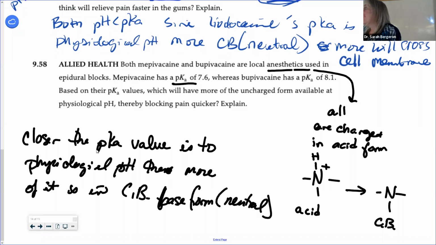So which one has a pKa closer to physiological pH? The one with 7.6. That's pretty easy, right? As long as you know that, you're good.